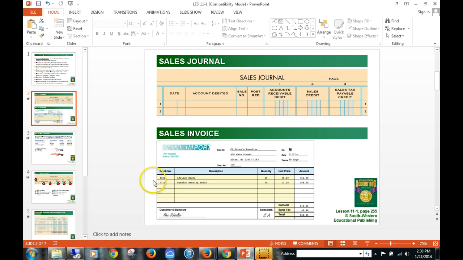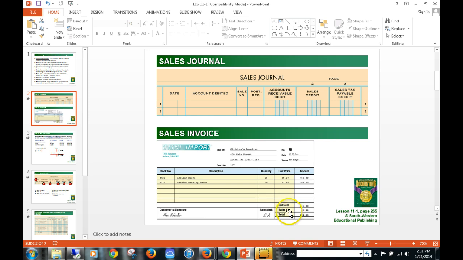Here's our inventory number of our merchandise. They bought African masks and Russian nesting dolls, 25 of them, 30 of them. Unit price is the individual price of each unit, for a total of $450 and $366. We get a subtotal of $816.